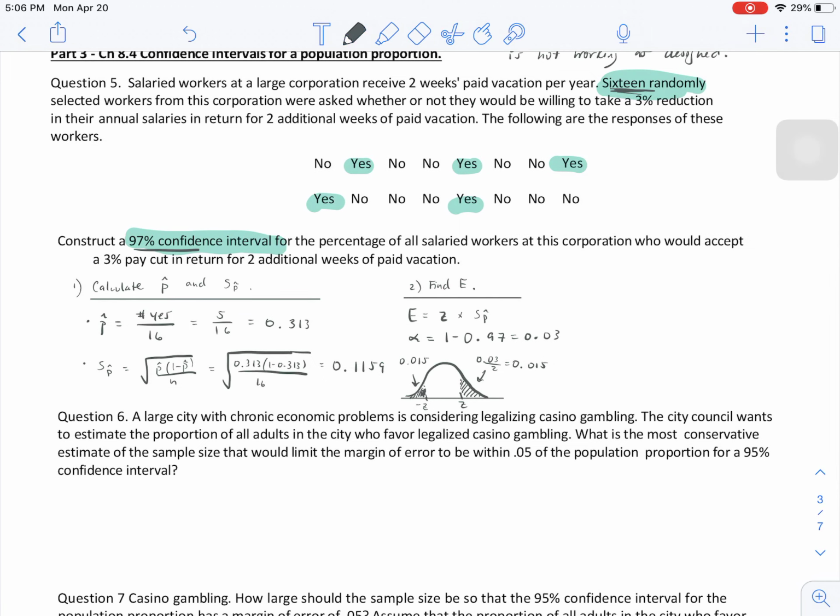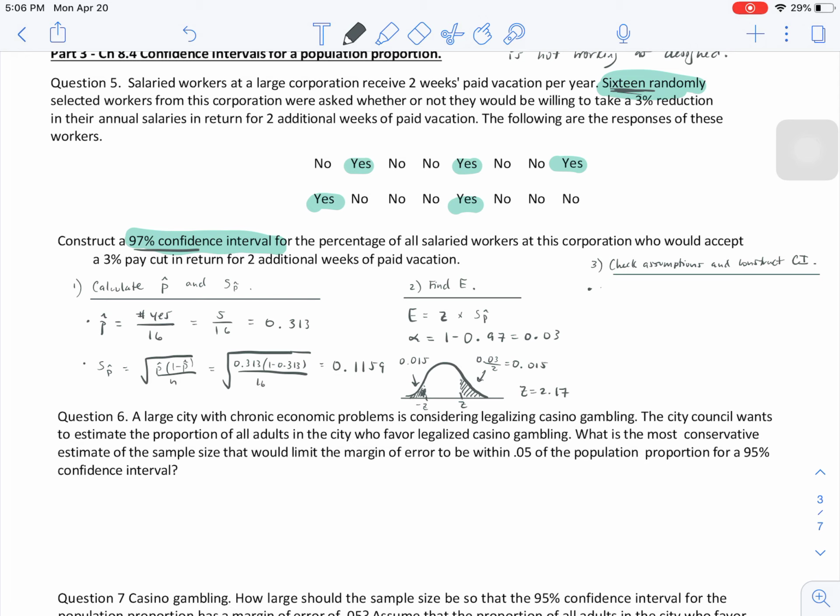So negative z is negative 2.17, so that means that z is equal to 2.17. So the last thing I need to do is check my assumptions and construct my confidence interval.